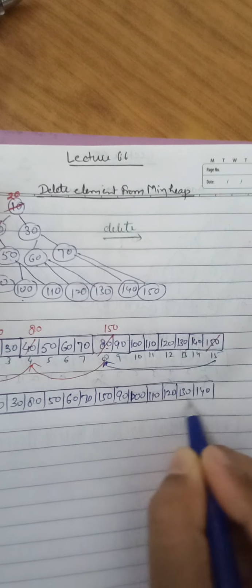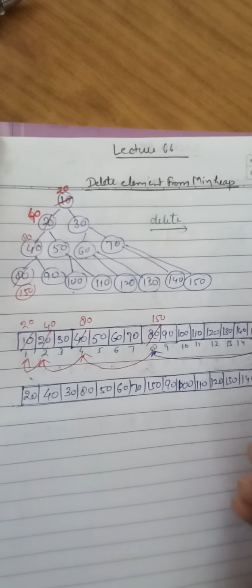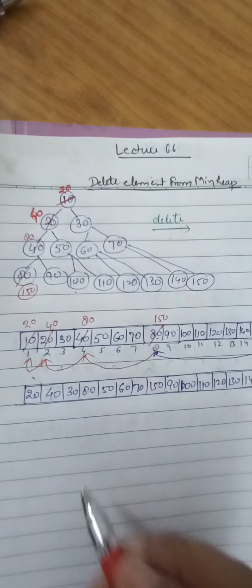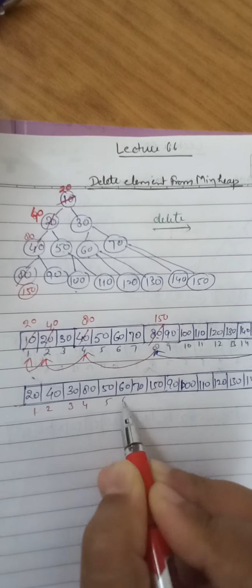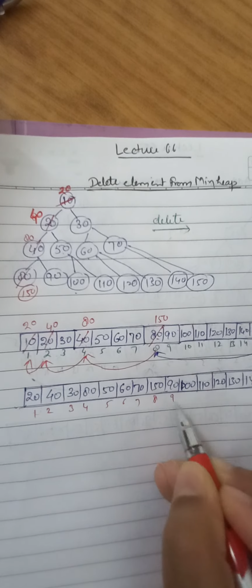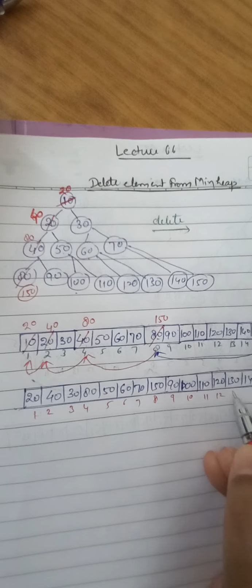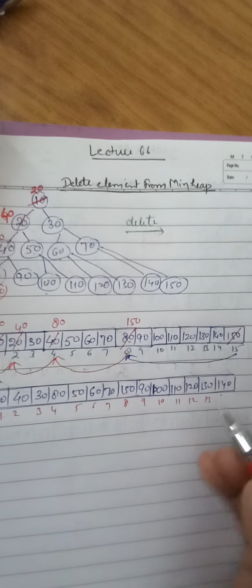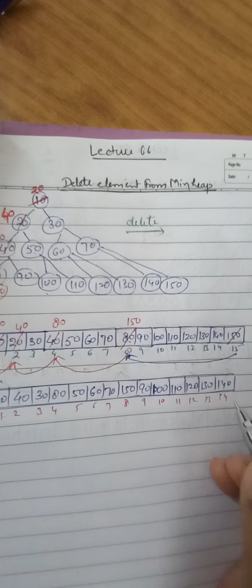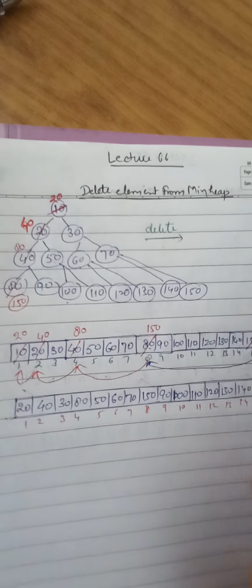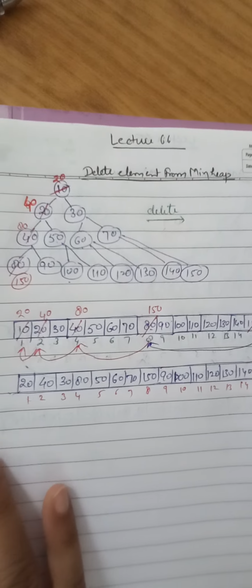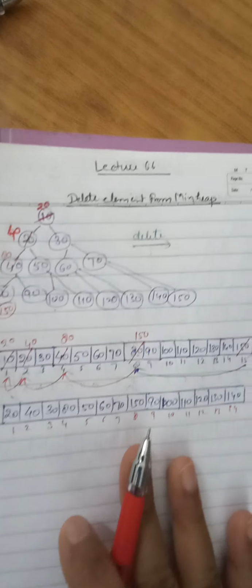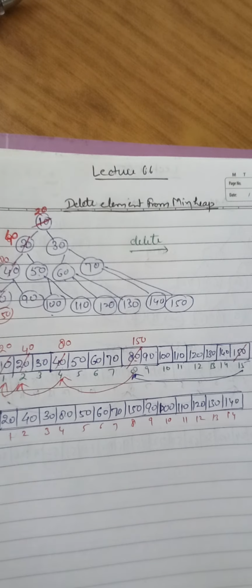That's it. So we do the indexing: 1 2 3 4 5 6 7 8 9 10 11 12 13 and 14. Total 14 elements are remaining. Initially we had 15, now one element is deleted, so total 14 elements are there. This is the way we can delete elements from the min heap.